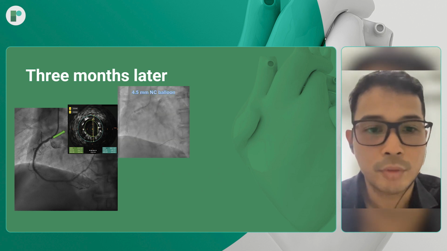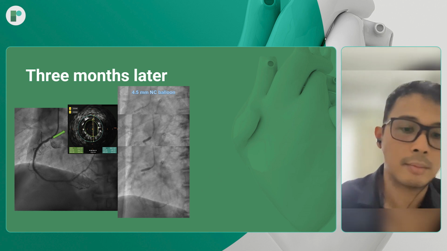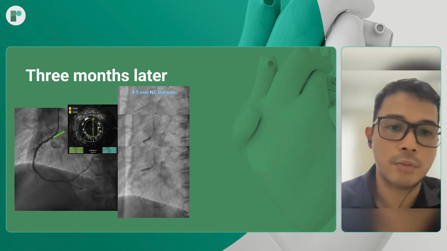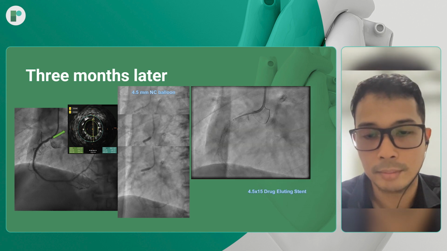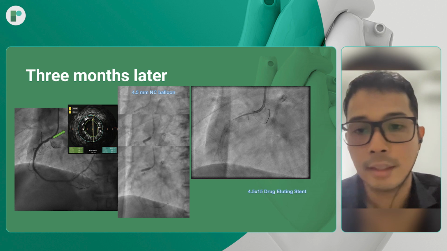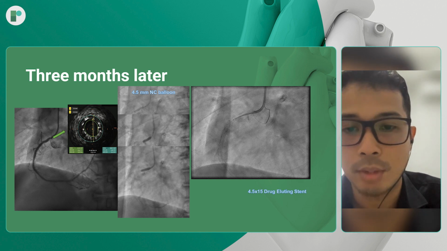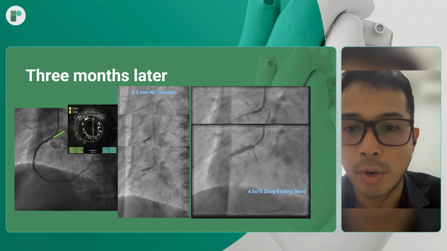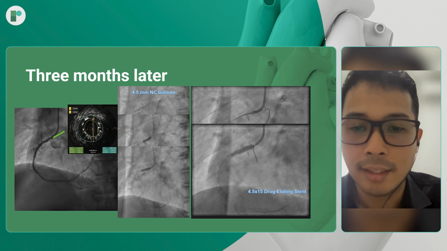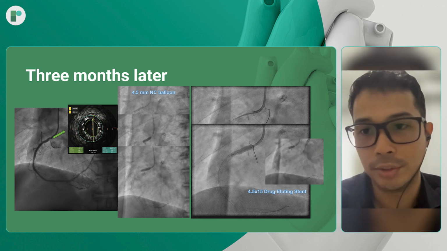Afterwards, we performed ballooning to the proximal ostial vessel with a 4.5 non-compliant balloon, and we performed PCI, deploying a 4.5 by 15 drug-eluting stent in the ostial proximal RCA with the technique called bumper wire to ensure that the deployment of the stent is not protruding like the previous procedures.